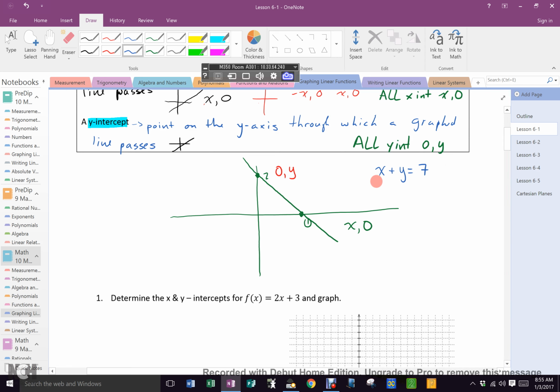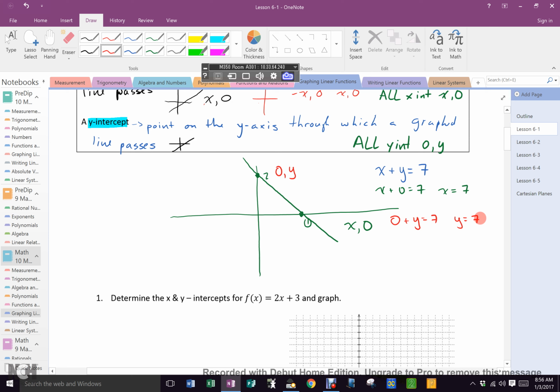You would have x plus 0 equaled 7, right? And x would equal 7. Yes? If you had the y-intercept, what would you have? 0 plus y equaled 7, and y would equal 7. Is everybody good at that?